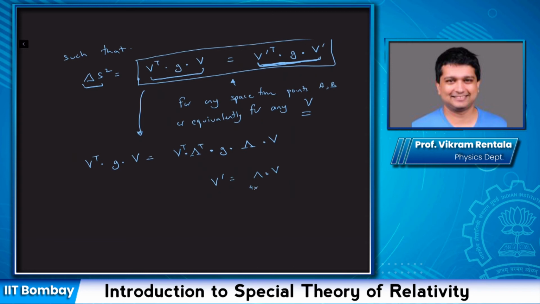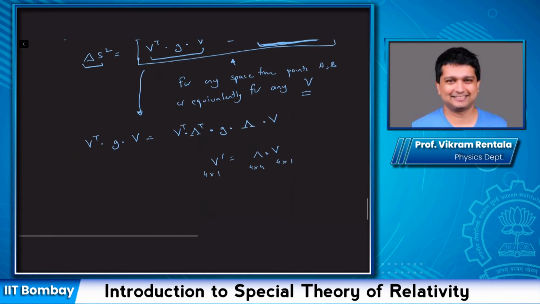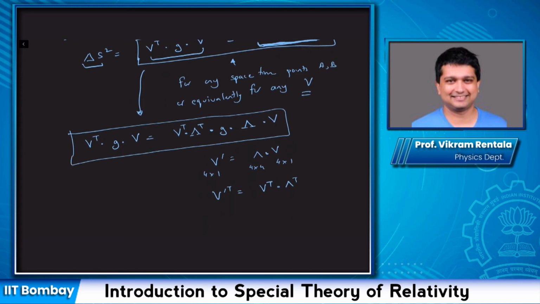This is a 4x4 matrix. This is a 4x1 matrix, and the result is a 4x1 column matrix. And the transpose of this equation is V transpose dot lambda transpose. Okay, so this is the condition that the matrices lambda have to satisfy for any choice of V.